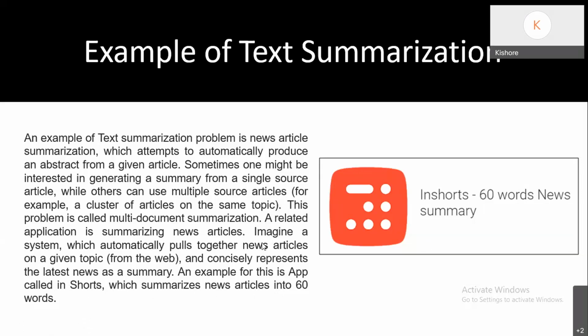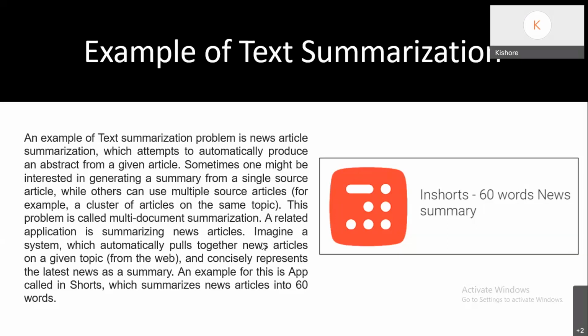It summarizes huge articles into just 60 words. The summarized news is called shorts. So instead of reading pages and pages, we will just read 60 words and understand the entire concept.